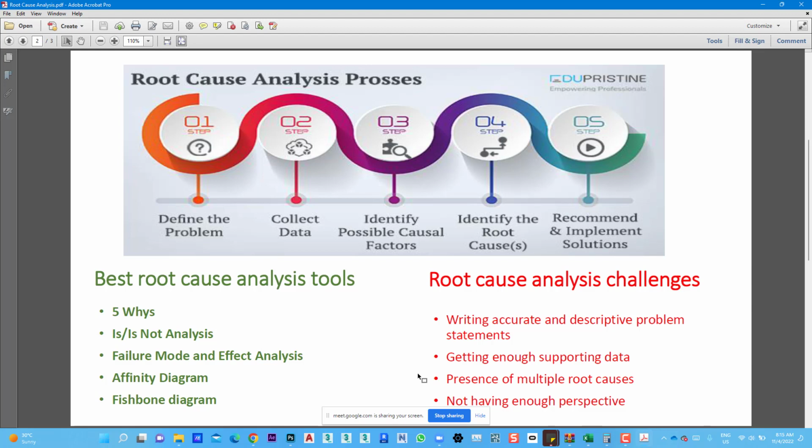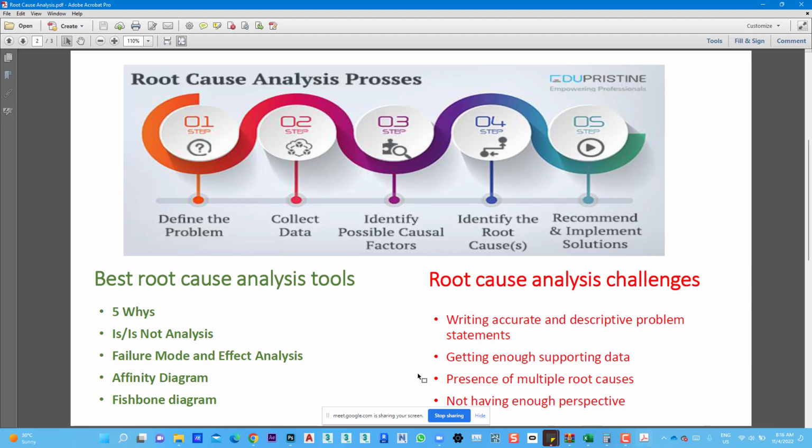Because while writing the problem statement itself, the analysis will start. If we can write a perfect description, it's half of the way to solve the problem.